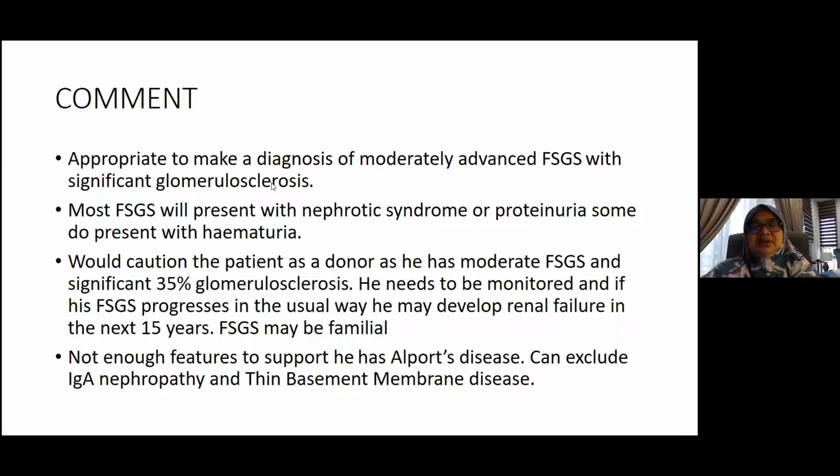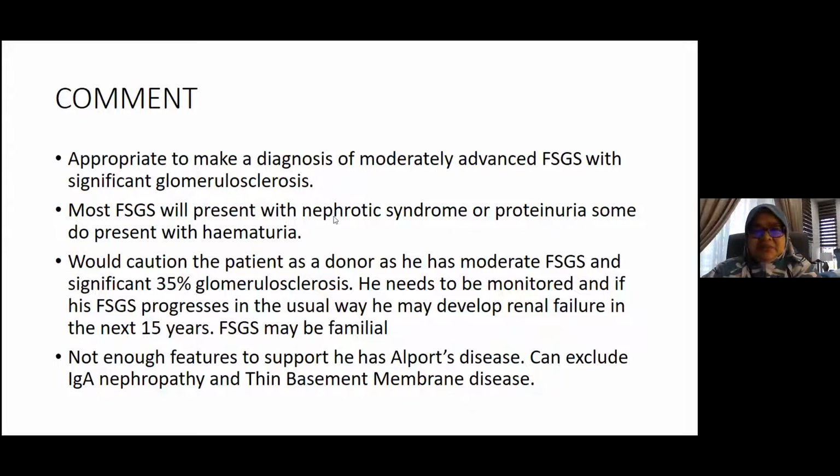When we relate this to the light microscopy examination and the immunofluorescence findings, if we put it all together, it is appropriate to make the diagnosis of a moderately advanced FSGS, with a significant glomerulosclerosis of 35%.